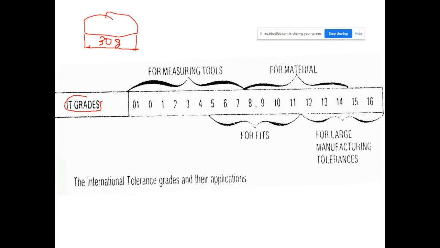Select the proper IT grade number, for instance 7, and write it after the letter: G7, for instance. In the format, the IT grade number is preceded with a letter, and both of them as a whole is called the IT grade. This is the grade number, and that is the grade letter.